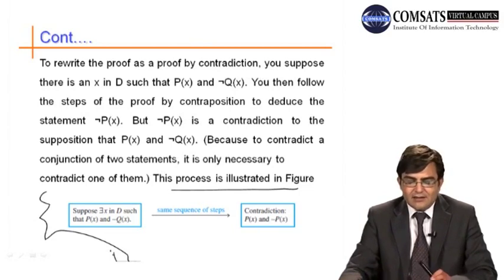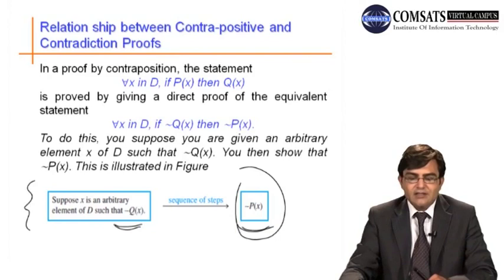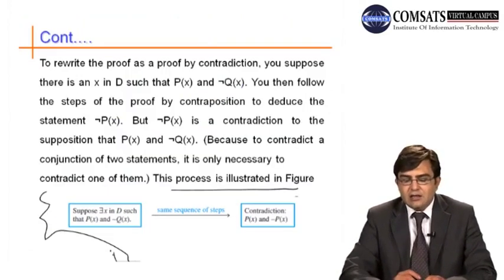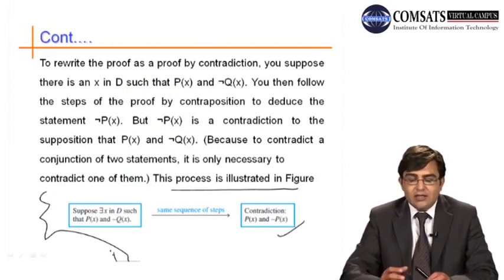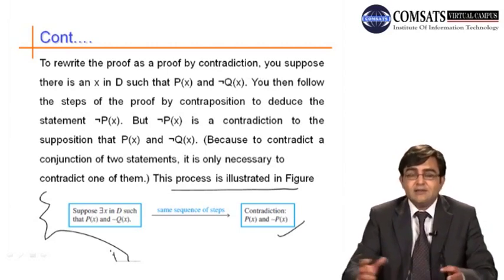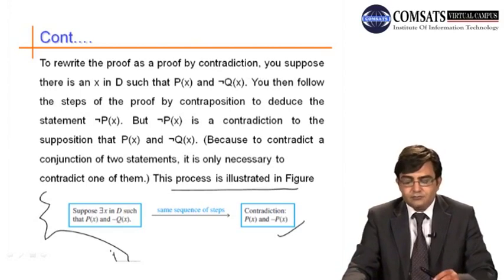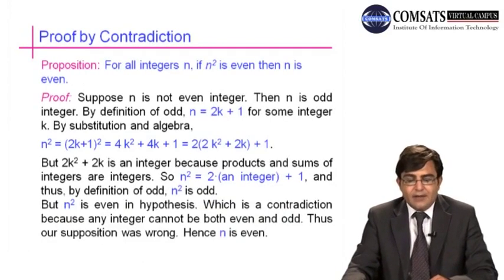In the method of contrapositive we also prove not p of x is true, and in the method of contradiction we arrive at not p of x is true also. In both methods we do the same steps, and the method of proving the two statements is basically the same, but we arrive at the same conclusion in both methods.